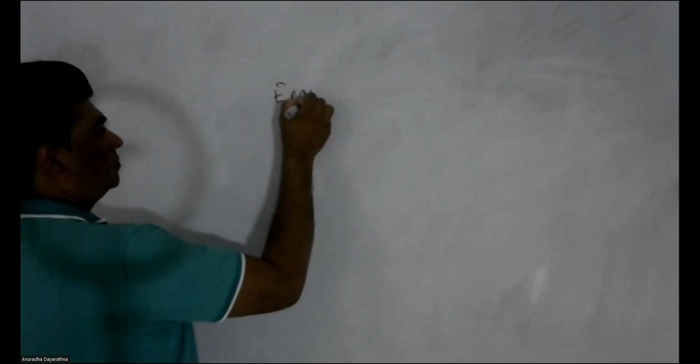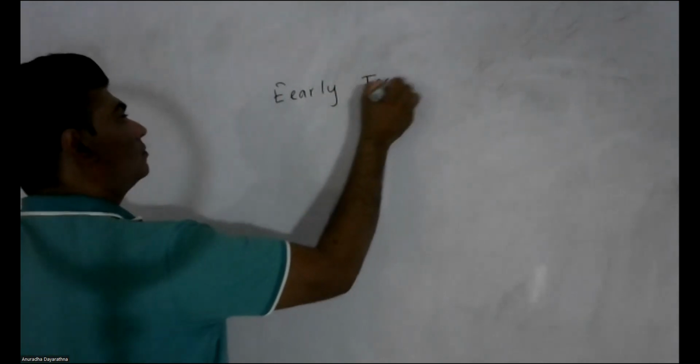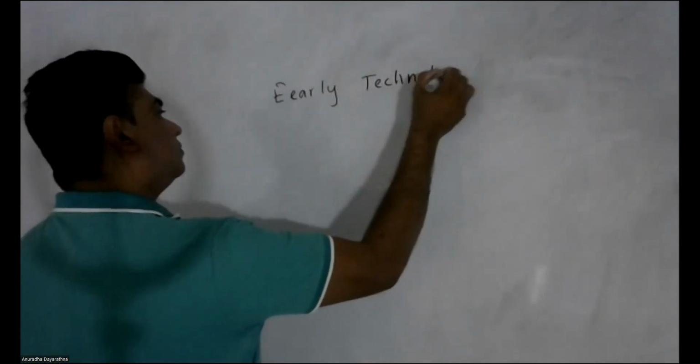Today in this seminar, we are going to start a very important section. This is about early technology. When we take early technology, this is something that is given as a question in the exam.